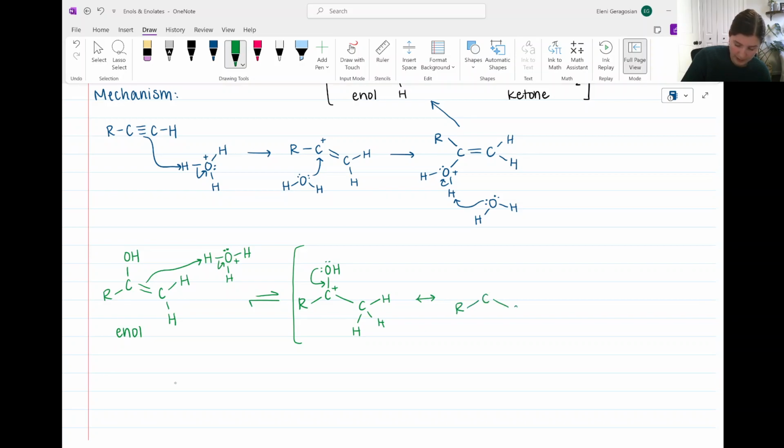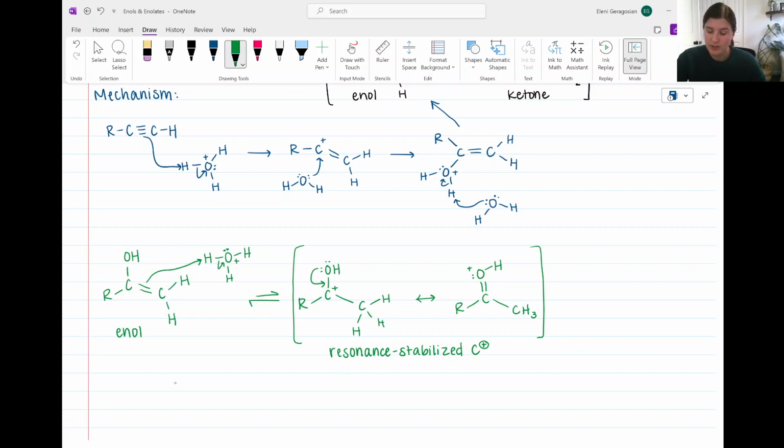Now I'm going to simplify this CH3 group as just a CH3. We have a carbon double bonded to oxygen. Oxygen is positively charged. So this is resonance stabilized carbocation.